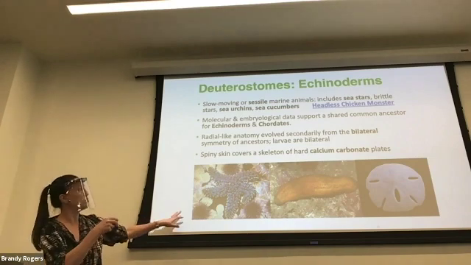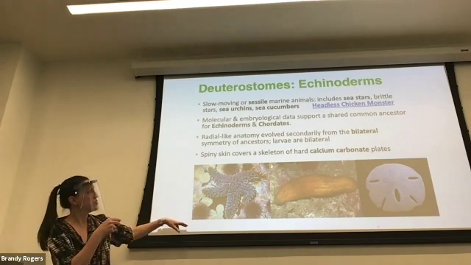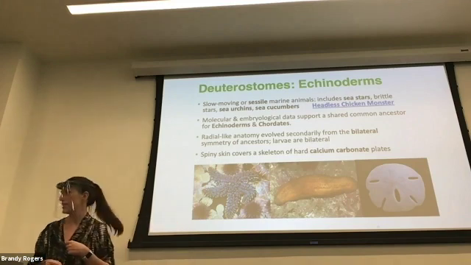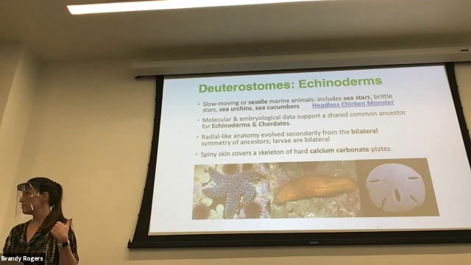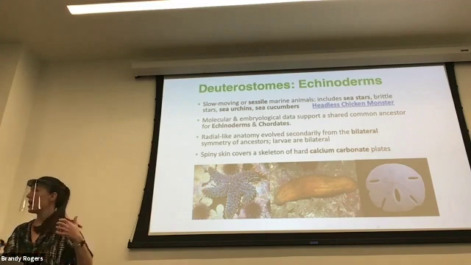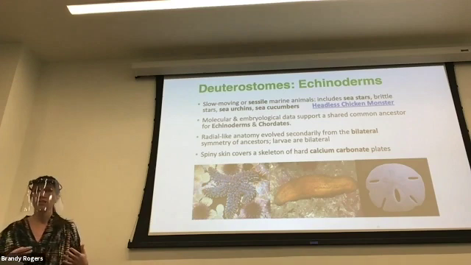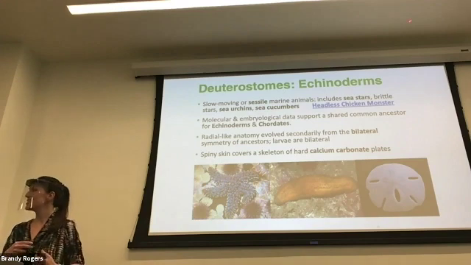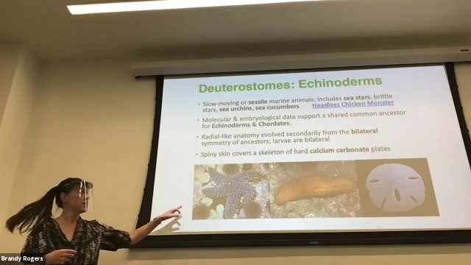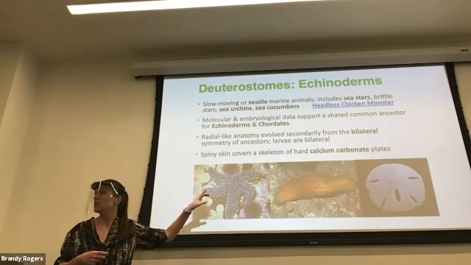These guys are also notable for this last point here, that their spiny skin covers a skeleton of hard calcium carbonate plates. What is unique about that? It's not necessarily the calcium carbonate, and you see that in shells. It's on the inside. Yeah, so this is the exception. When I said most invertebrates lack an endoskeleton, these dudes have endoskeletal elements.